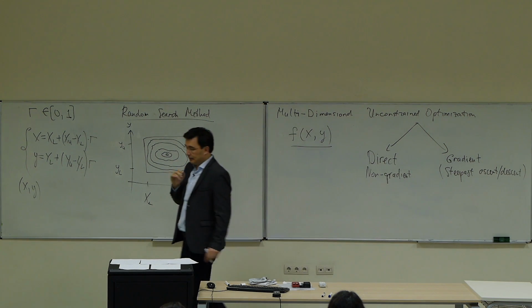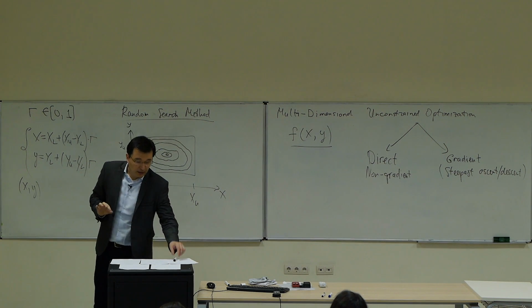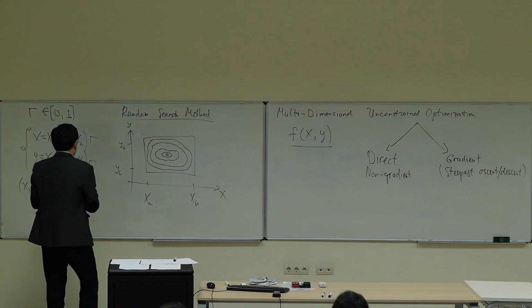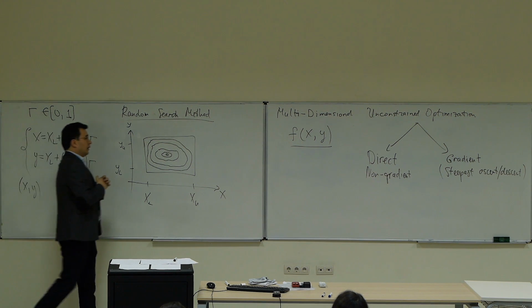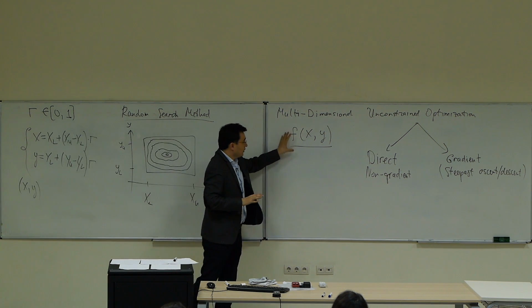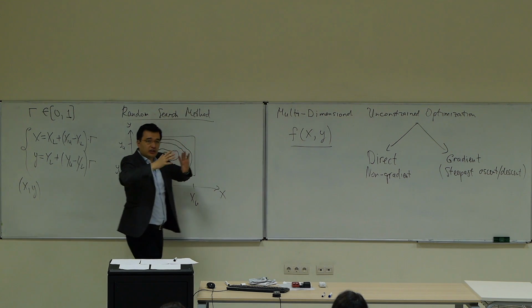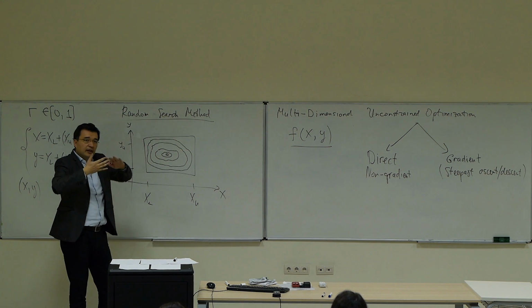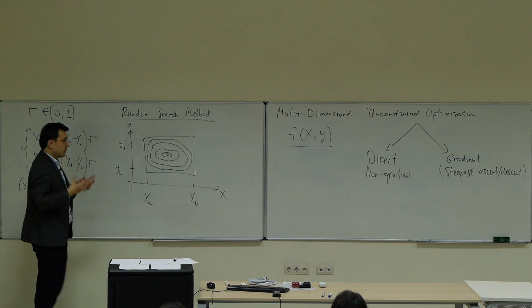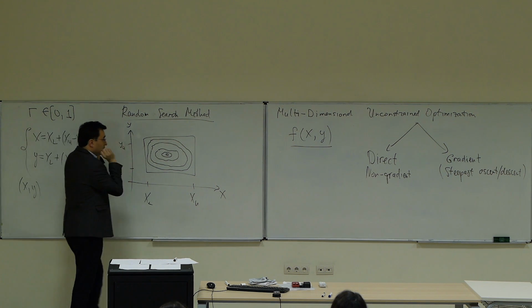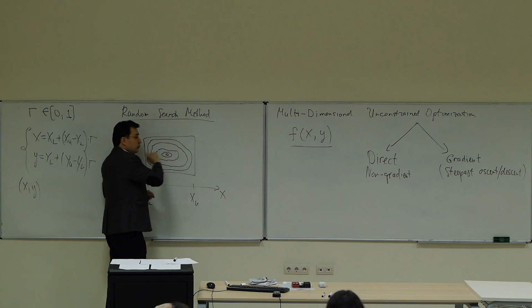Very simple. Now, as you can see, this method doesn't use any information about the function. Whether it has a slope, what kind of slope, what is the geometry, it doesn't use any of that information. It just blindly samples numbers uniformly.